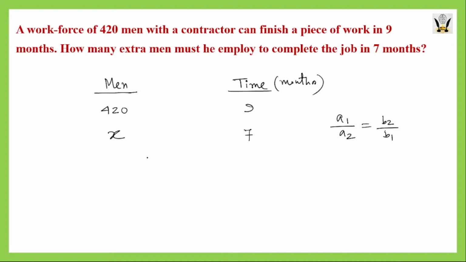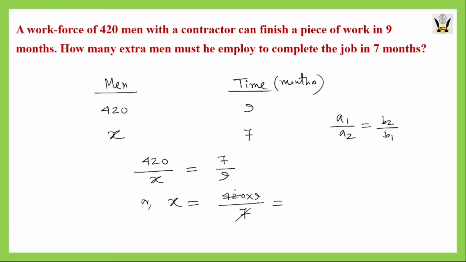So here, if we take this as A, it is 420 divided by the other value X, and it will be B2 by B1, so 7 divided by 9. The value of X, the second value of the first quantity, will be 420 multiplied by 9 divided by 7, just cross multiplication.